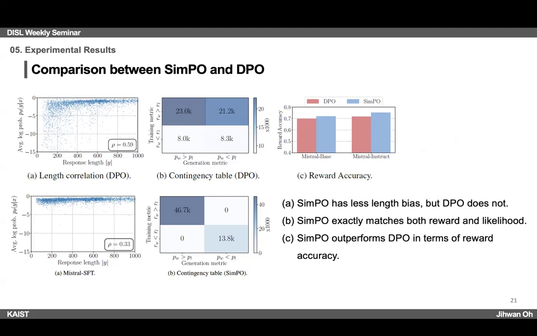It means that if the reward prefers the chosen one, generation also prefers it, and vice versa. And finally, as you can see on the right, plot C shows reward accuracy, where SimPO outperforms DPO across both Mistral base and Mistral instruct. So to sum up, these results demonstrate that SimPO aligns better with the generation metric, reduces length bias, and achieves higher reward consistency compared to DPO.